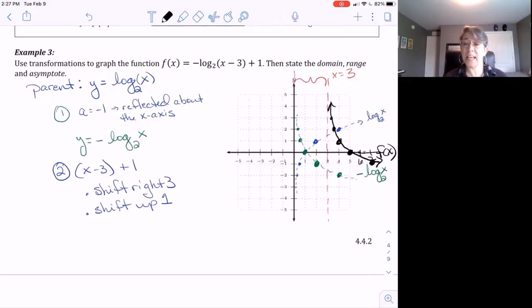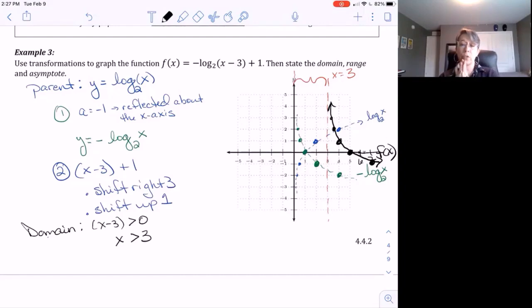Now they wanted us to state the domain, the range, and the asymptote of this new function. Now we can look at the picture to find the domain, but we can also look at just the argument. The plus 1 doesn't come into effect. Our argument was x minus 3. That has to be greater than 0. Add 3 to both sides. x has to be larger than 3, which is true.